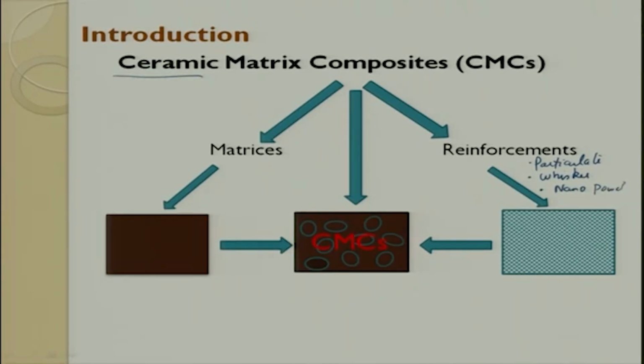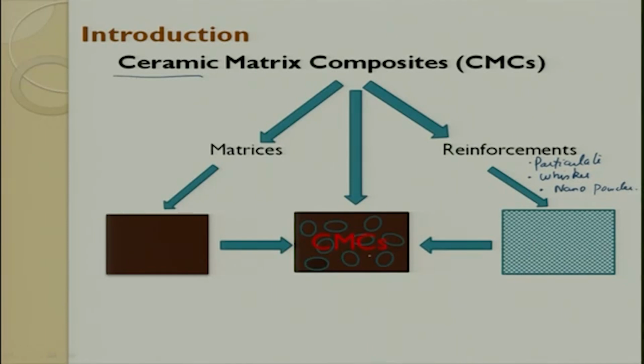These are the three reinforcements which are predominantly used. The form can be particulate, where we talk about aspect ratio, then whisker, then you can also have nano. These are some of the reinforcements which are added to the matrix ceramics to get a ceramic matrix composite.